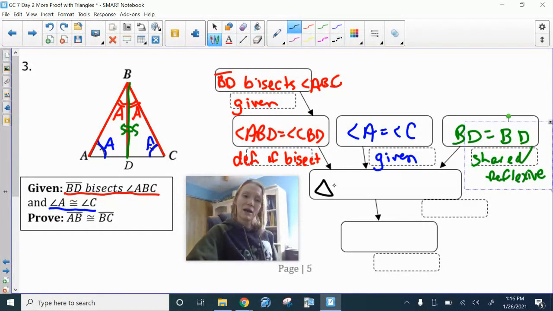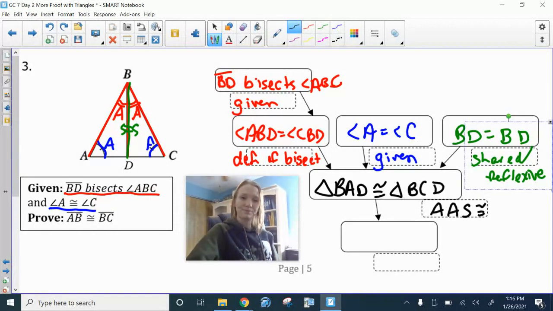Let's say, how about bad again, the bad triangle. Our bad triangle, BAD, top, out, in, BCD. They're congruent, and we can see we've got our angle side congruence this time.